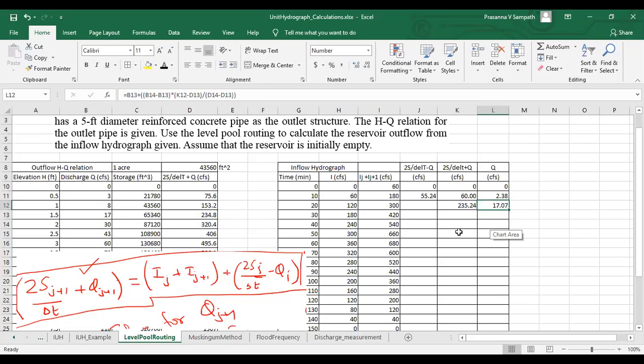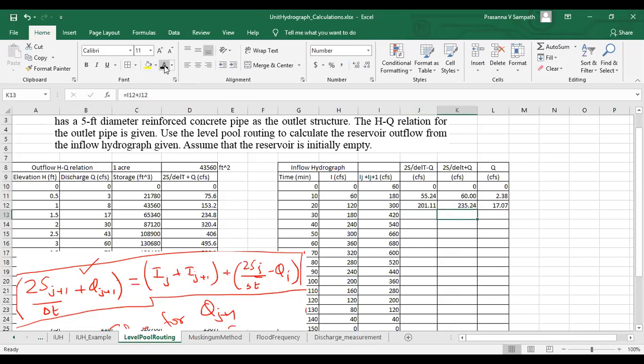All right. So I've computed a couple of time steps. I think you know how to go forward from here. You just keep repeating the same procedure. So let me just show you. I compute this thing at time step j by using 2s by delta t plus q minus 2 times q. Do that. I compute this.